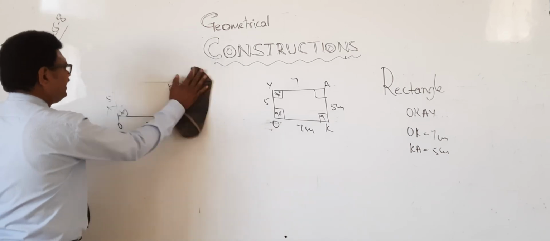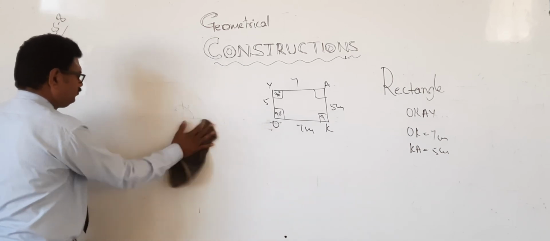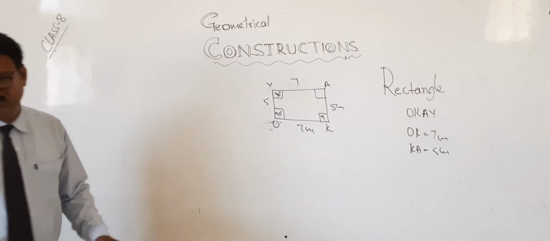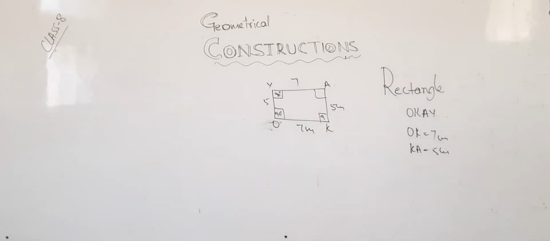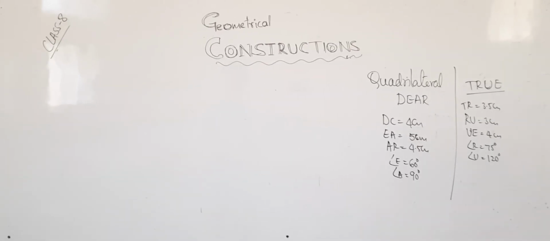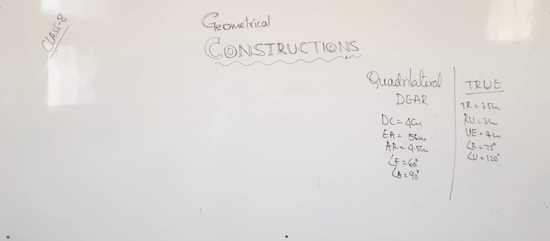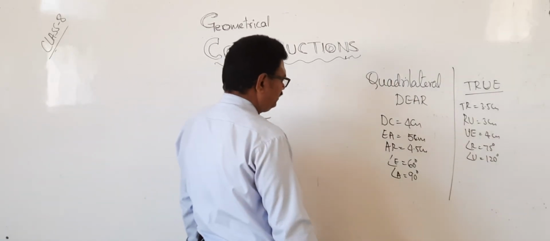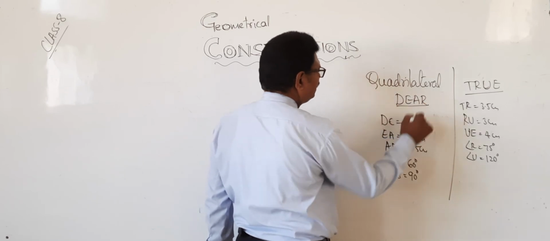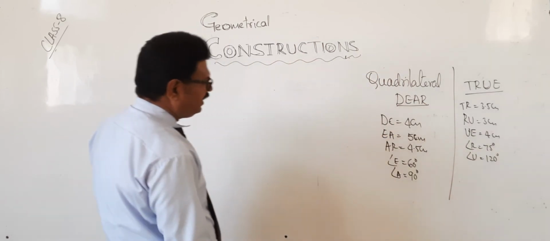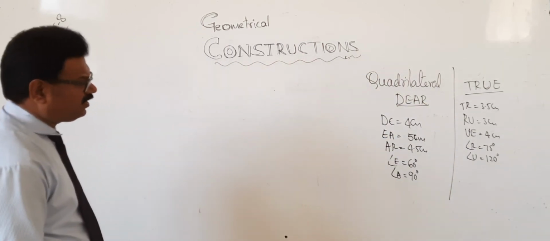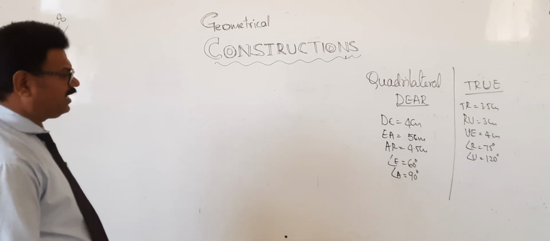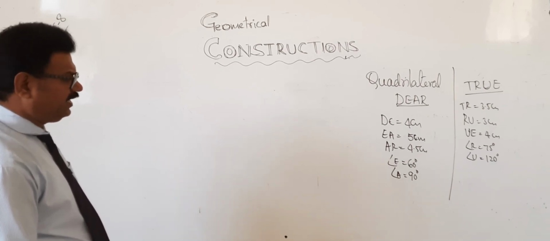So next exercise. Yes, next set of problems. Coordinate will be here. D equal to 4 centimeter, EA 5 centimeters, AR 4.5 centimeter, angle E 60, angle A 90 degrees.